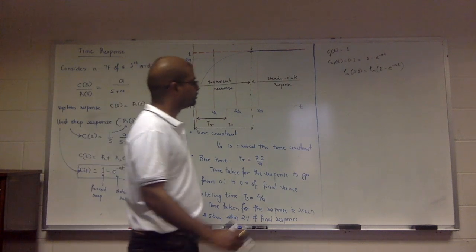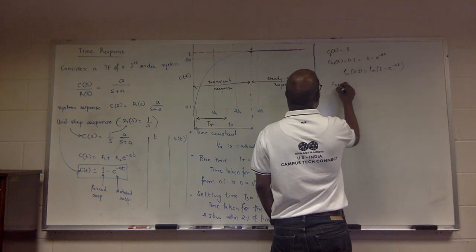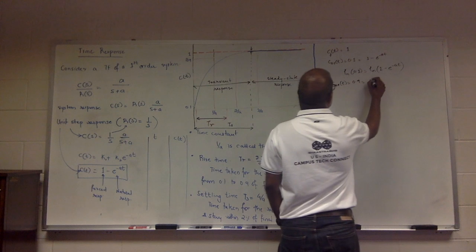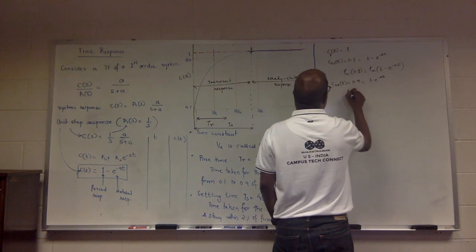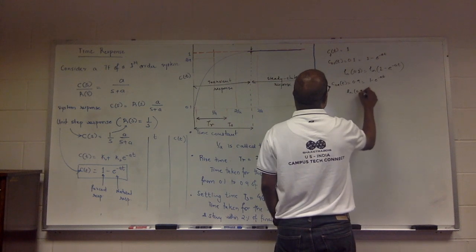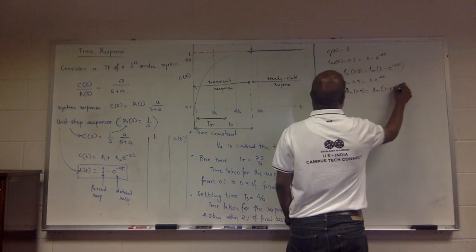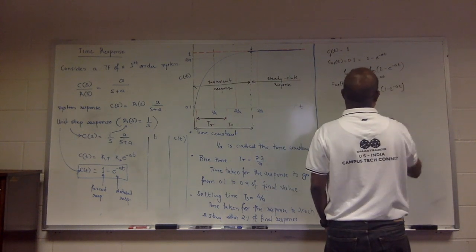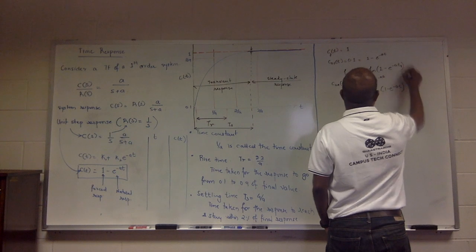Okay. Similarly, c is 0.9, right? And ln of 0.9 is equal to ln of 1 minus e to the power of minus at. So here you have to look at T1, T2.